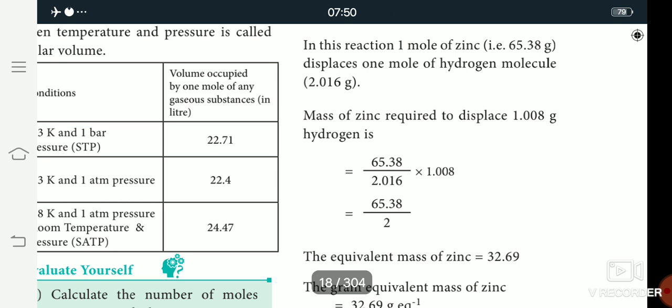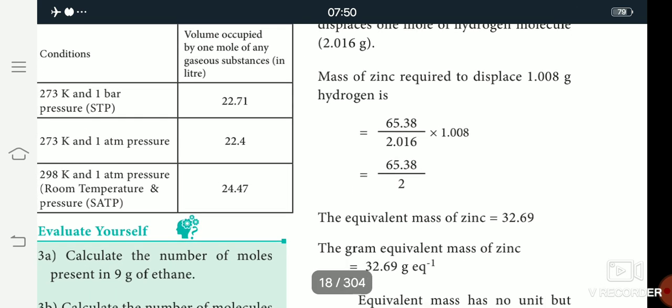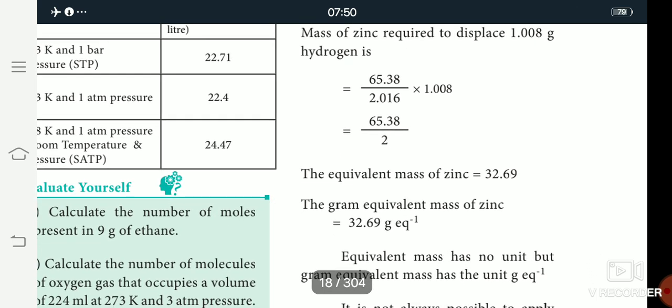So the gram equivalent mass of zinc is 32.69 gram equivalent minus 1. So this is the concept of gram equivalent mass.